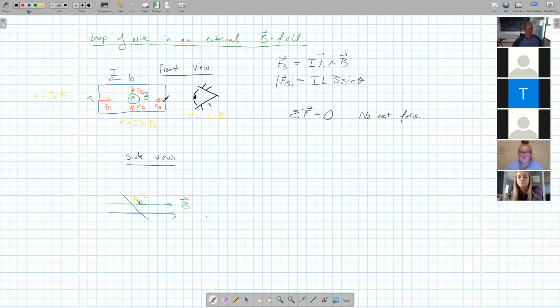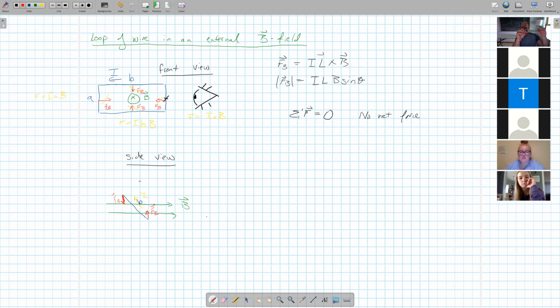So let's look at the side view here. According to the side view, we now have what? This portion of the force is acting down this way. Okay? So this one is pointing straight down. So I have this F_B. This portion is pointing up, so I have this F_B. So what is going to happen is, even though there is going to be no net force, if this is my loop, this portion is going to pull down, this portion is going to pull up, which means it's going to do that.